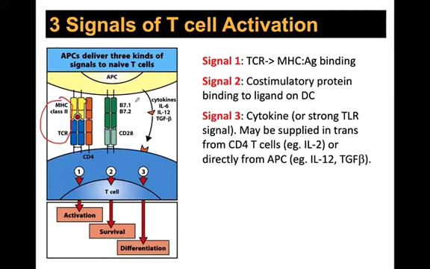The second thing is this dendritic cell had to have gotten signals to say, yes, express costimulatory proteins. The main ones are the B7-1 and B7-2 proteins. Those are going to bind to the costimulatory protein CD28 on the T cell. Okay, so that's signal 2.